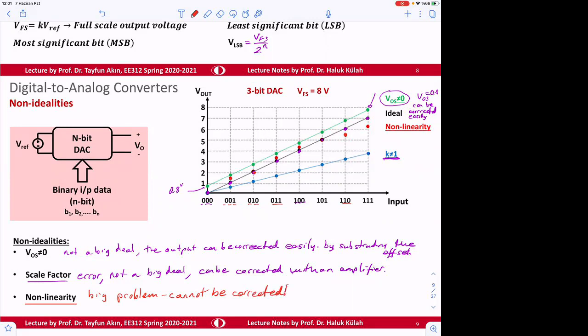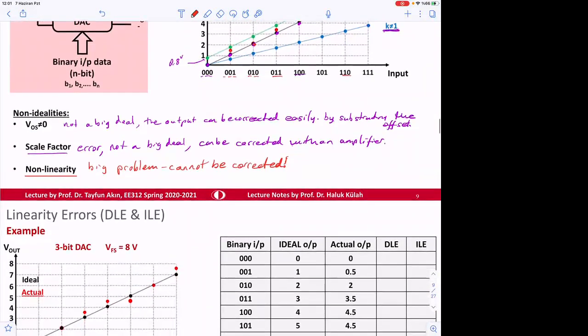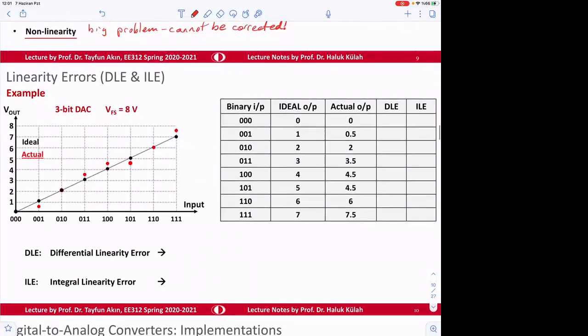Okay, and we just need to know that there are definitions of how we can define and deal with that. We just need to characterize the output voltage and then come up with an error.